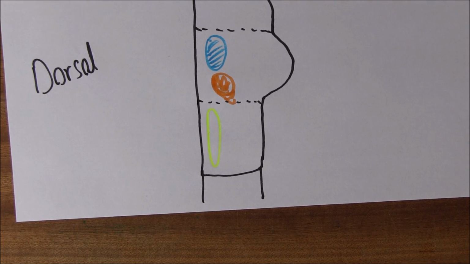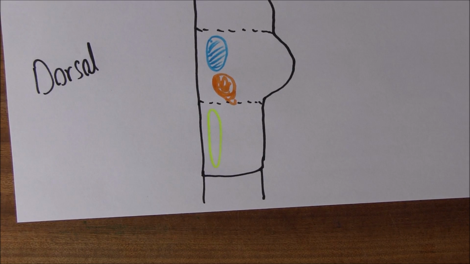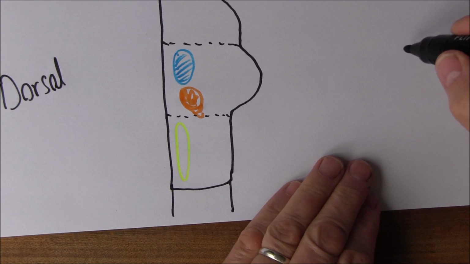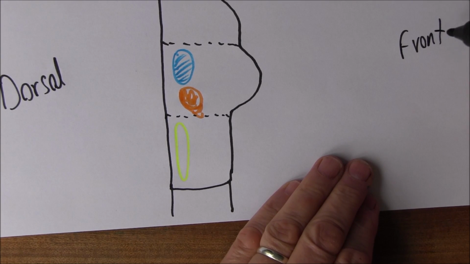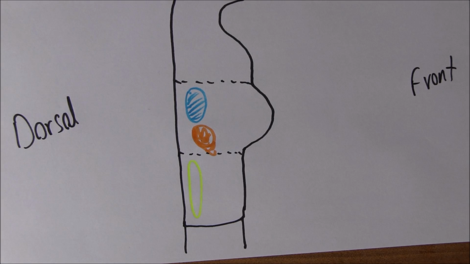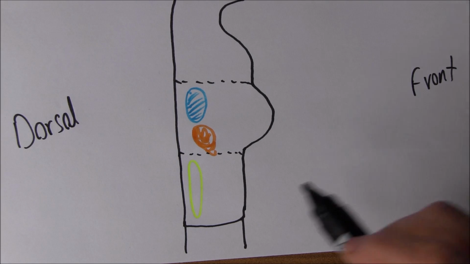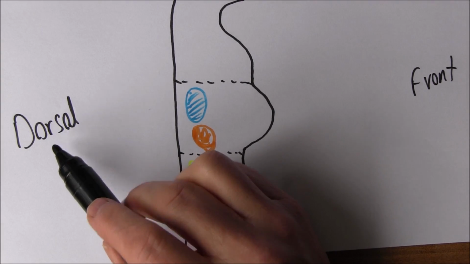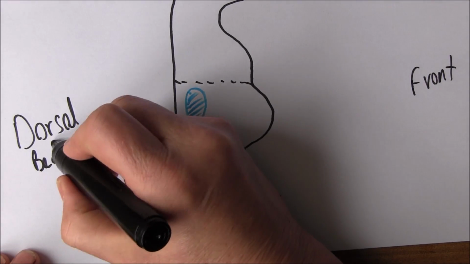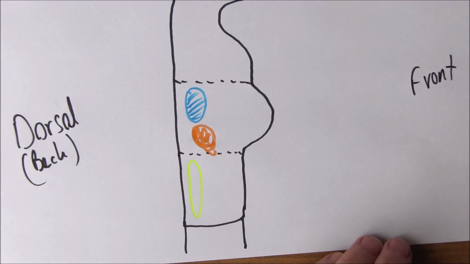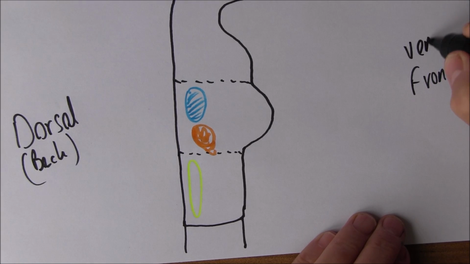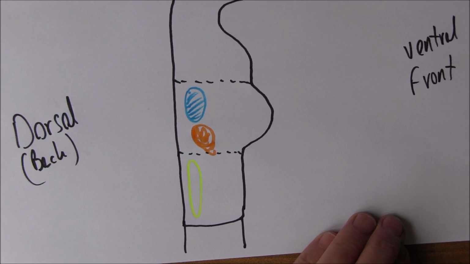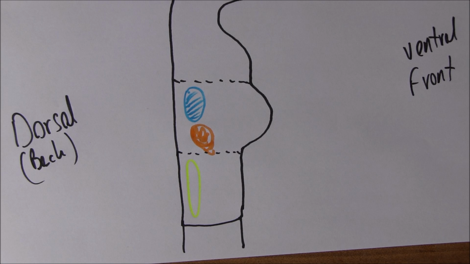This is the back that we're drawing here, and this is the front that we're drawing here. So that's the back and the front. So dorsal, of course, is posterior, the back, and the front is ventral, or anterior, just so we're orientated.